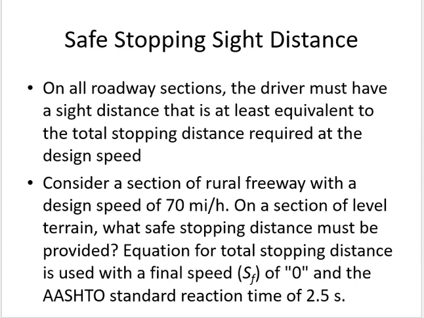So we may change the speed, we may change the gradient, we may change whatever, but we have to maintain visibility. Stopping sight distance is a minimum standard for visibility at all locations. At any point on the highway, your sight distance must not be less than the stopping distance.